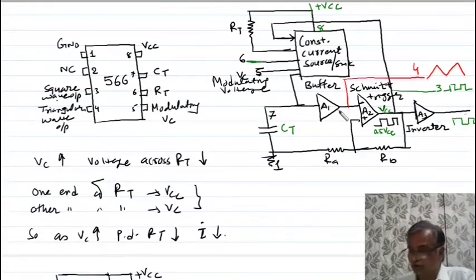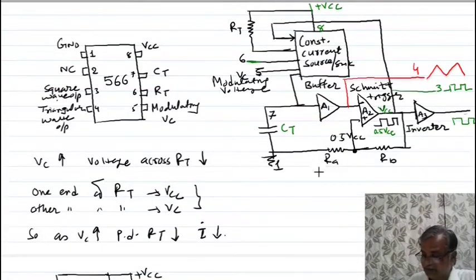That is very important to understand, and that is given as feedback to the non-inverting terminal. You can see this is a feedback. This feedback is given to the non-inverting terminal. When the output is VCC, then this voltage may be 0.5 VCC.